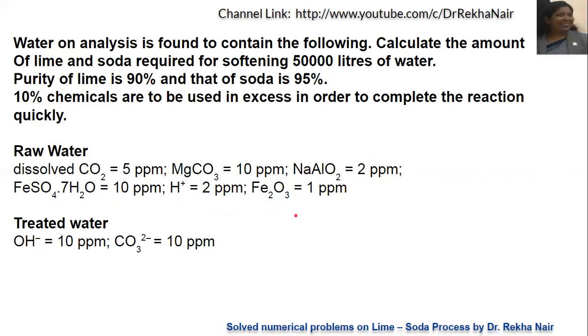Even sodium and potassium ions, Na plus, K plus, NaCl, KCl, and all those sodium potassium ions, they are not hardness. And Fe2O3 is also not hardness because it does not cause any problem in the lathering process. The treated water contains OH minus as 10 ppm and carbonate as 10 ppm.